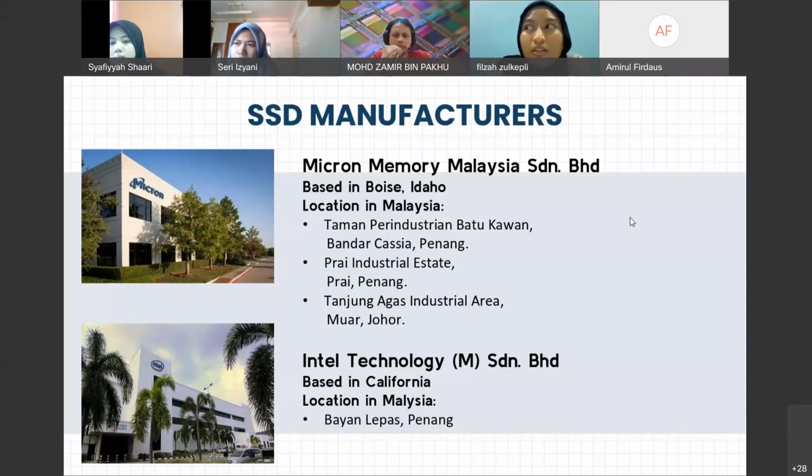The latest one they developed is the 3D XPoint SSD, which is the Optane SSD. How big can that store, Filza? How many terabytes? I forgot the size, but it's the one they use.